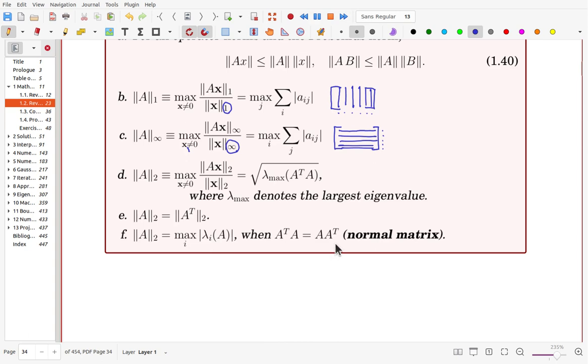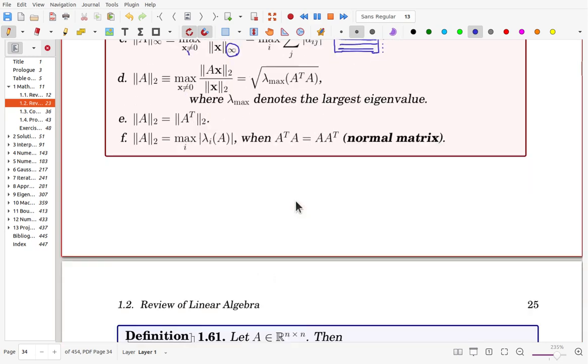And when A is symmetric, it is automatically normal, so the largest eigenvalue in modulus will be the 2 norm. Okay?